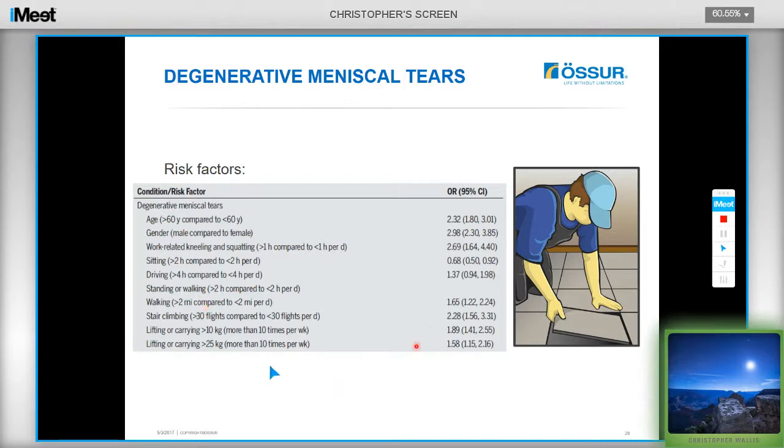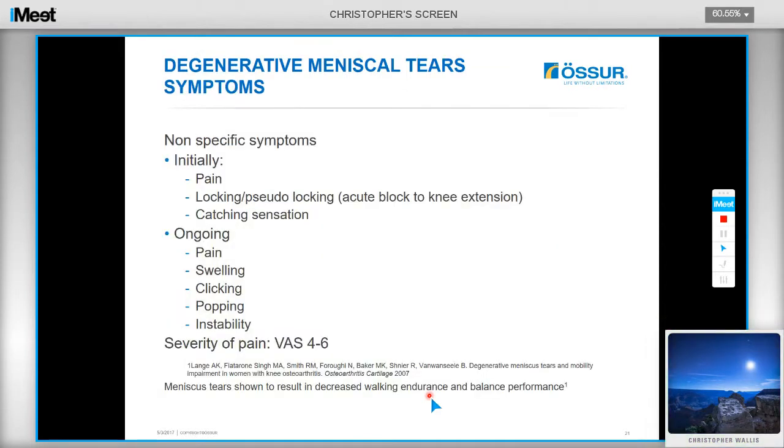Again, the risk factors, this is from an article which was a sort of a systematic review of all the different risk factors, but they were the main ones that had the highest increased risk. Symptomatically, again, pain, and as I mentioned, it can just spontaneously occur.